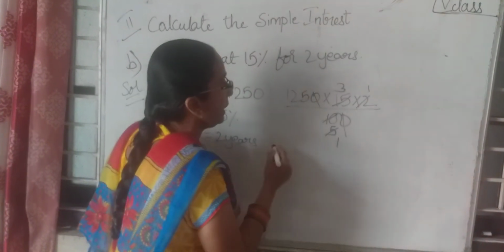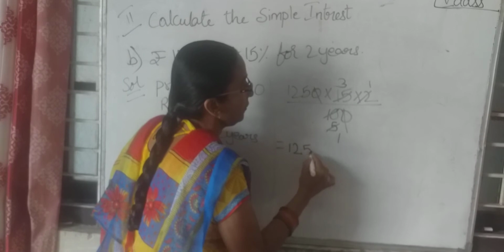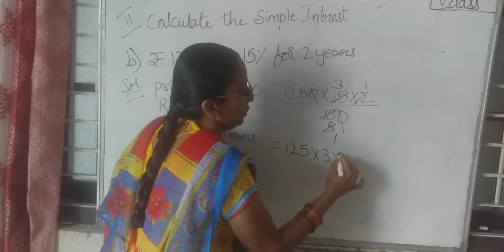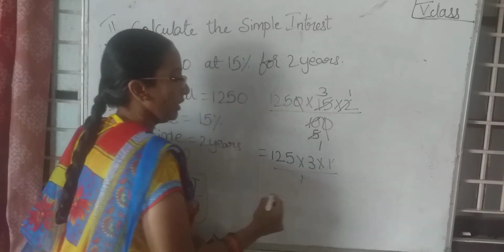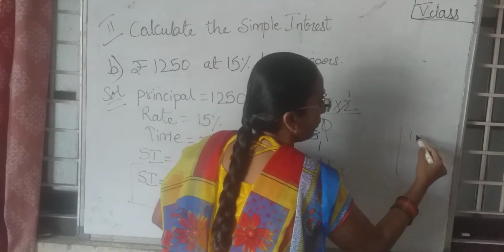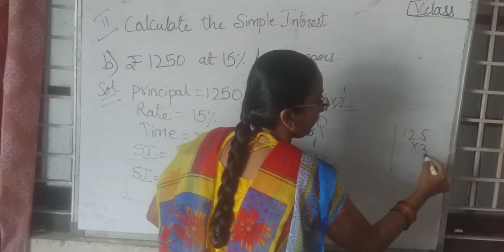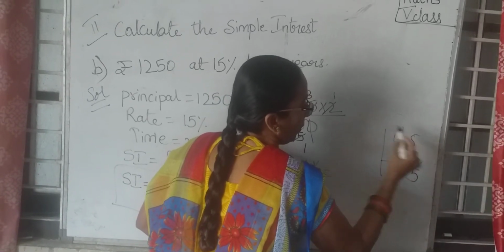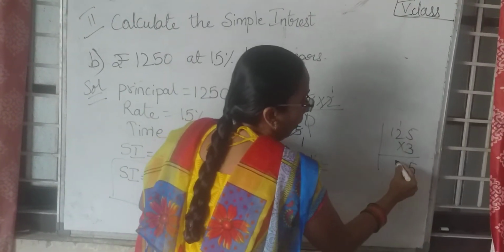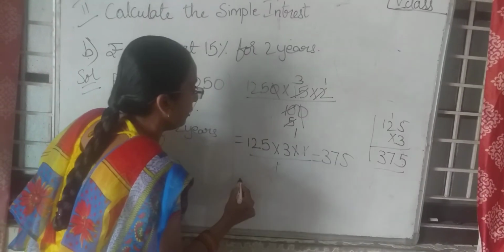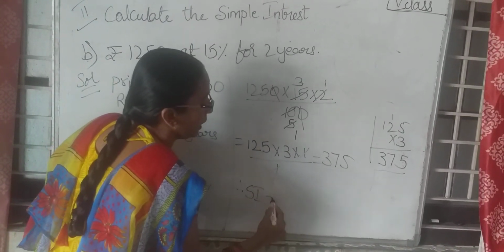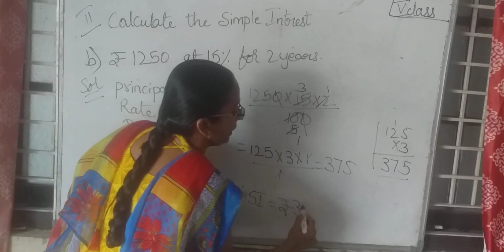Now what is remaining? 125 into 3 into 1 by 1. 1 by 1 is left over. Now what is there? 125 into 3. That is nothing but, therefore, simple interest is equal to rupees 375.